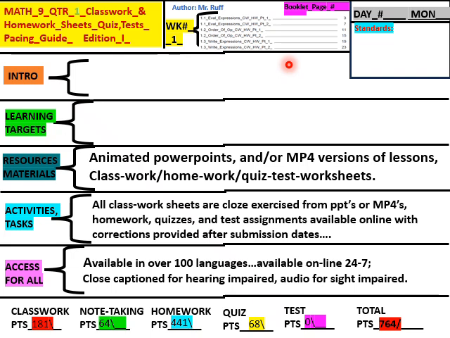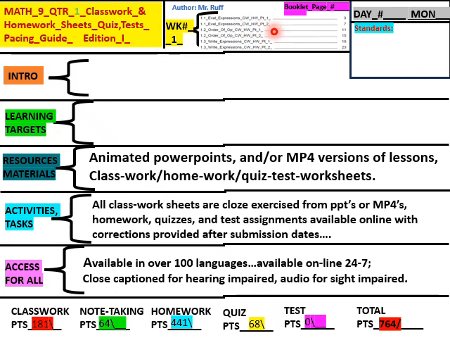We have 1.1 evaluating expressions, classwork and homework part 1, and 1.1 evaluating expressions, classwork and homework part 2.